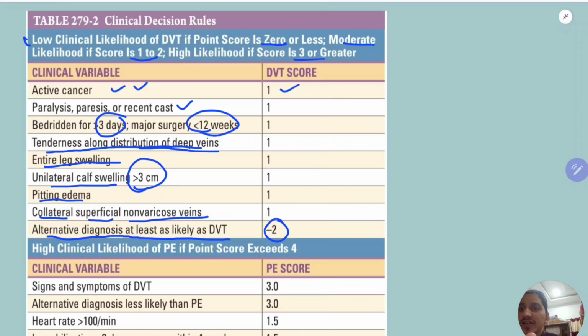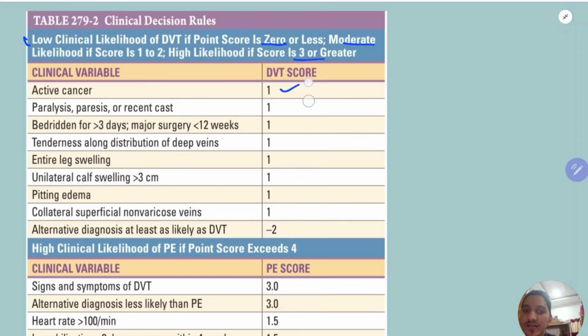Okay. So remember, these are clinically important risk factors for DVT. What are they? Active cancer, paralysis or recent cast, bedridden for more than 3 days or major surgery within 3 months, tenderness along the distribution of deep veins, entire leg swelling, unilateral calf swelling, edema, superficial veins.